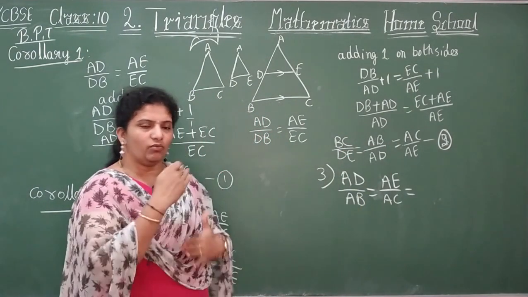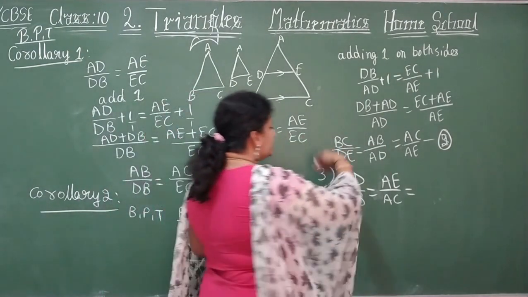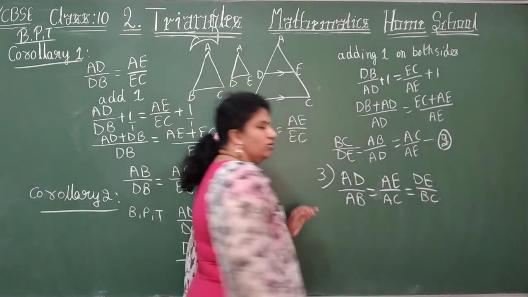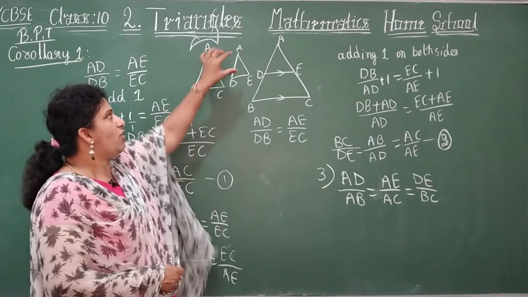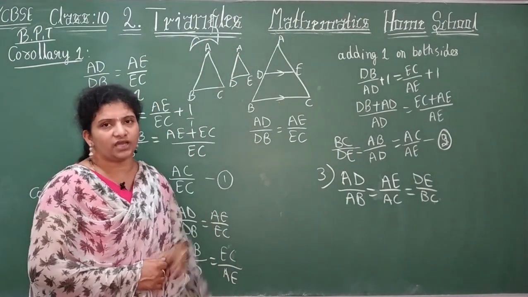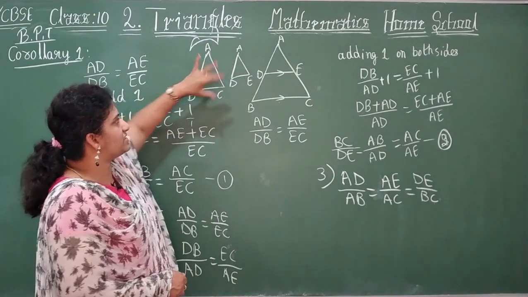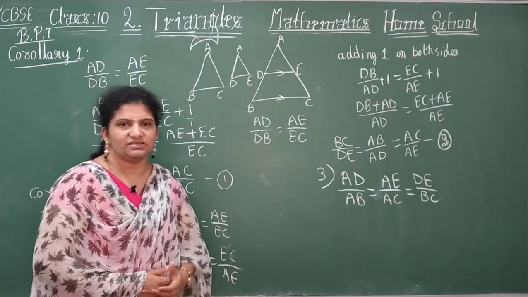Same, reversed, children. What is your next corollary? Reciprocal. You write here DE by BC also. How to remember? Small side by big side is your third corollary. Let's check it out. AD by AB, DE by BC, AE by AC.